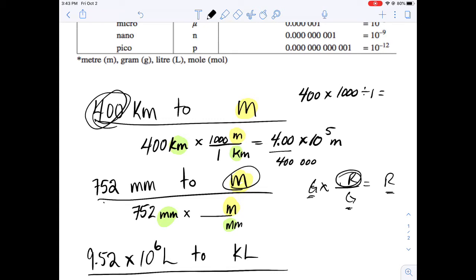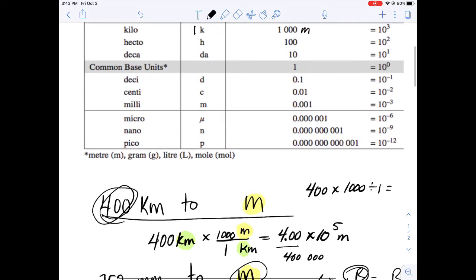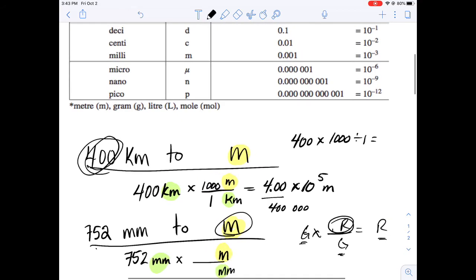Then I go back to my table to find the relationship between meters and millimeters. Here you can see that 1 millimeter is 0.001 meter.